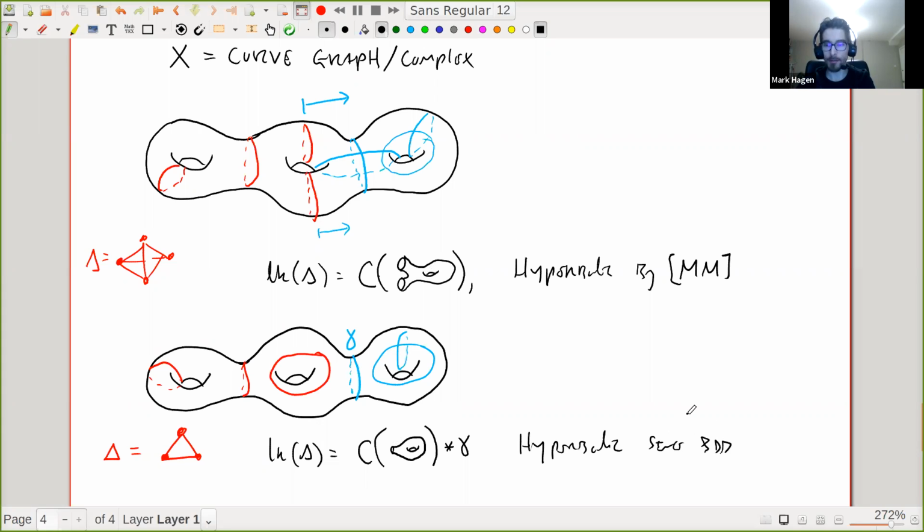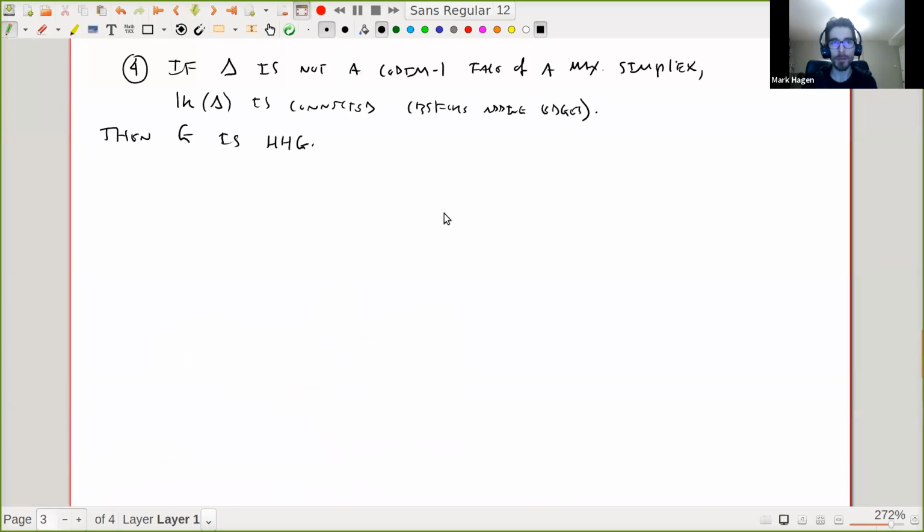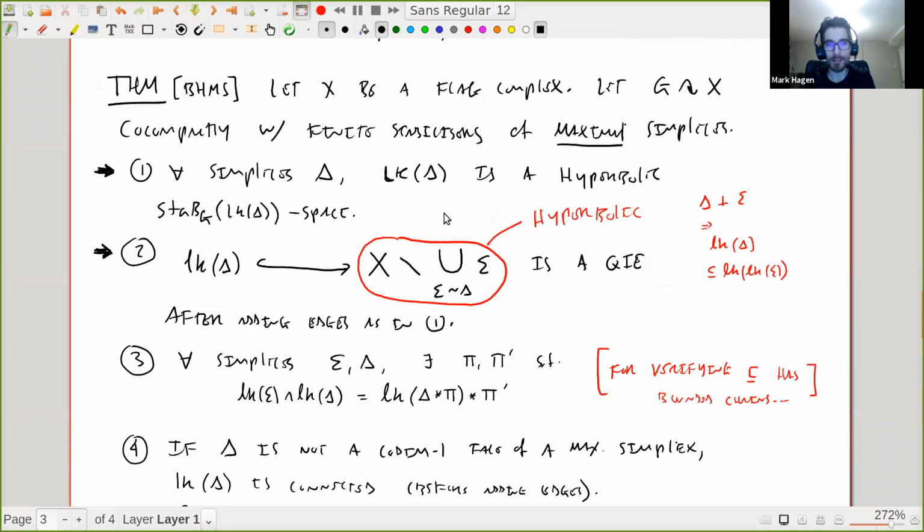But it also explains why we have this weird condition, condition 3. So we've just seen an example where the link of an individual simplex decomposes as the join of a curve graph, which you can realize as the link of a simplex, as in the first example, joined with another simplex.